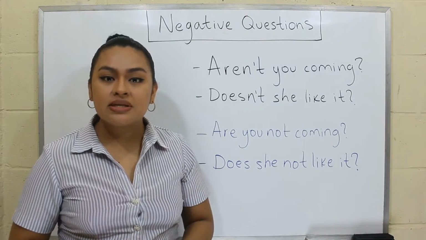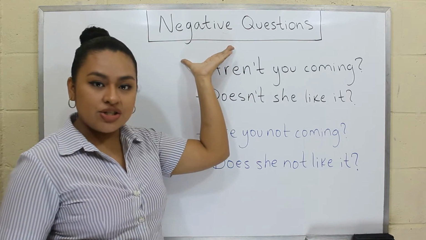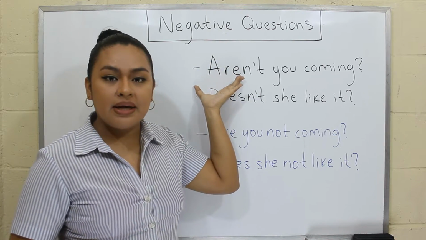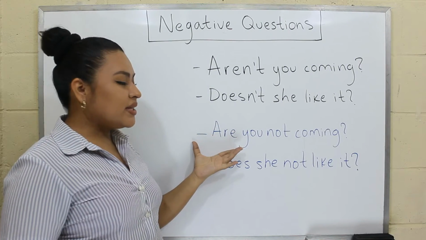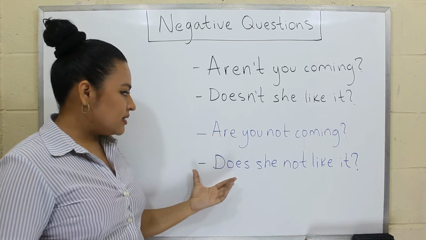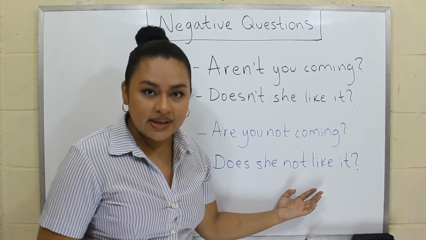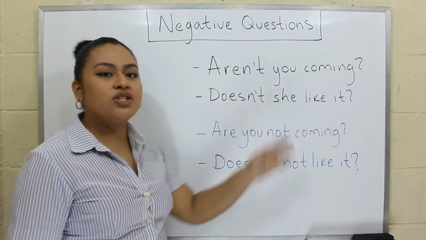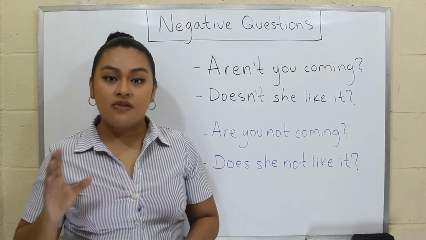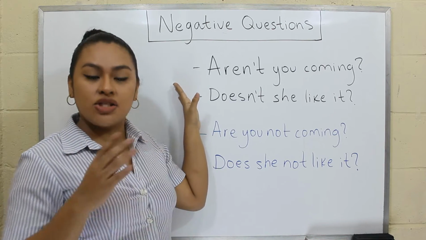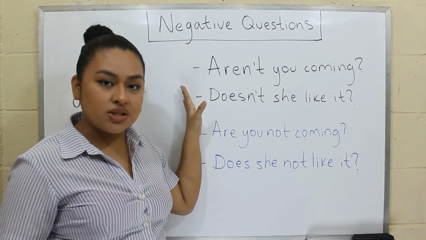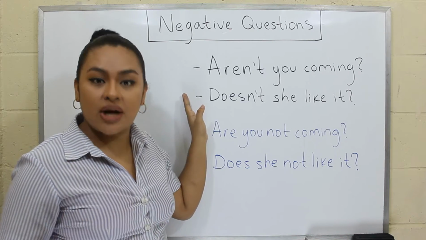Here we have some examples of negative questions. Aren't you coming? Doesn't she like it? Are you not coming? And does she not like it? In these four questions, we're using negative questions, but these two questions are contracted negative questions because we're using contractions.